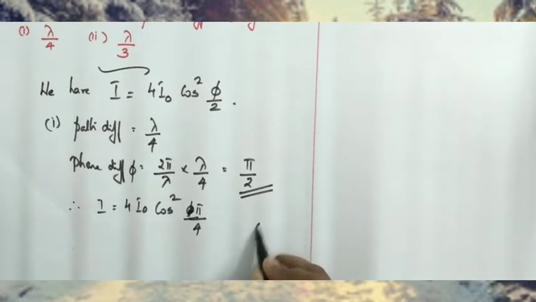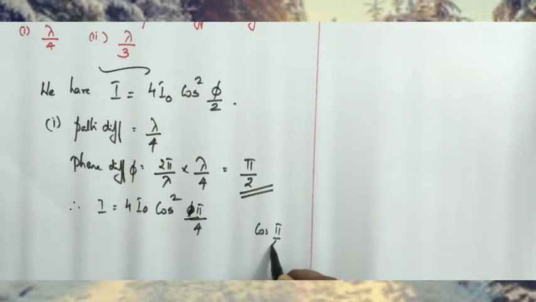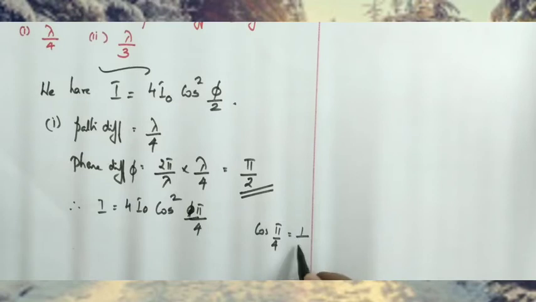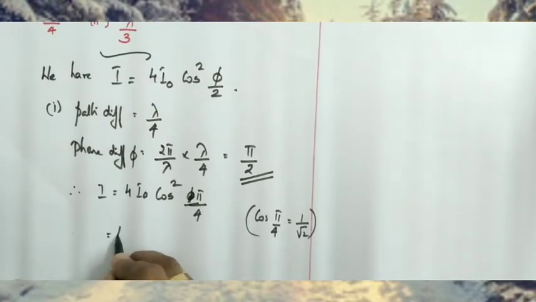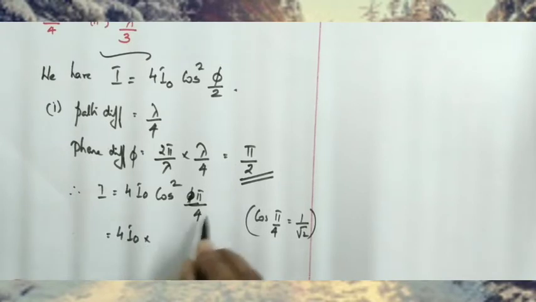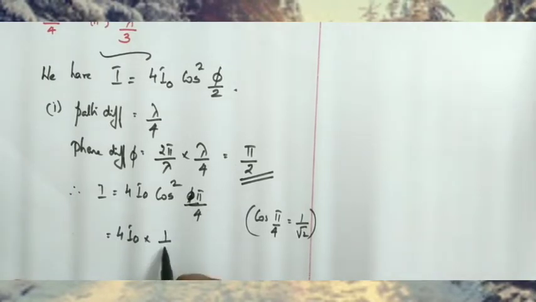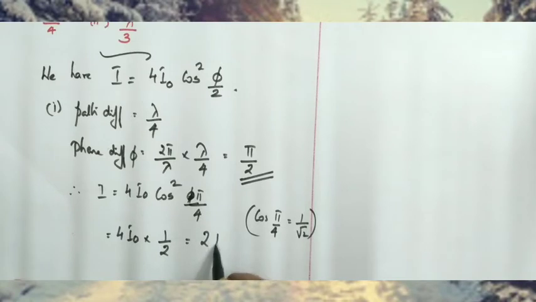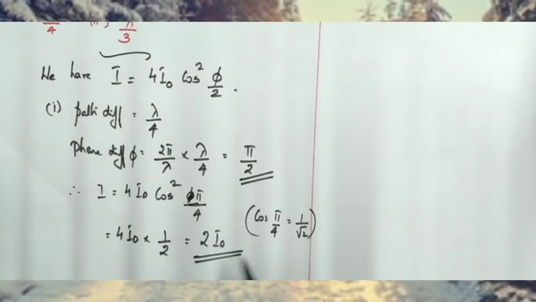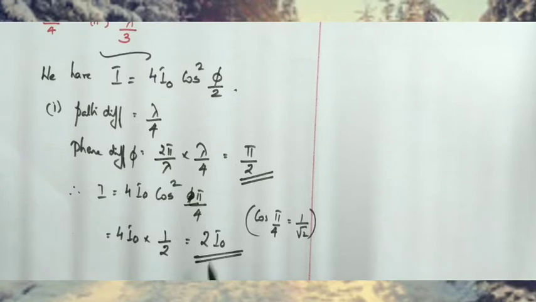What is cos pi by 4? Cos pi by 4 is 1 by root 2. So the answer is 4I0 into 1 by root 2 the whole square, that is 1 by 2, so it is equal to 2I0. I0 is the intensity of each wave, and the total intensity is 2I0.